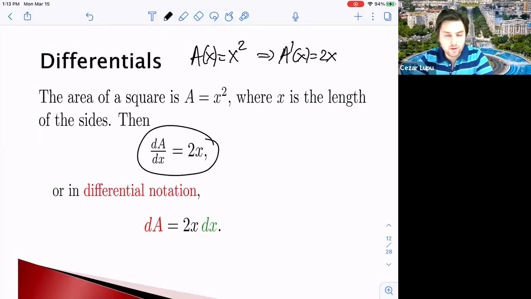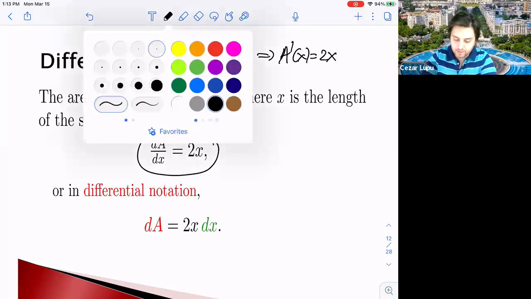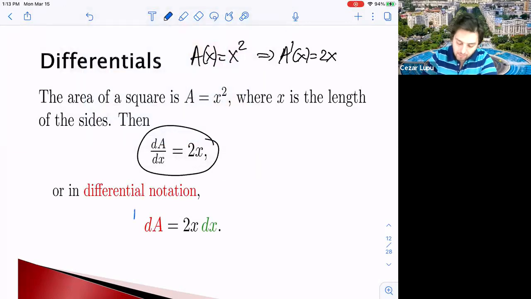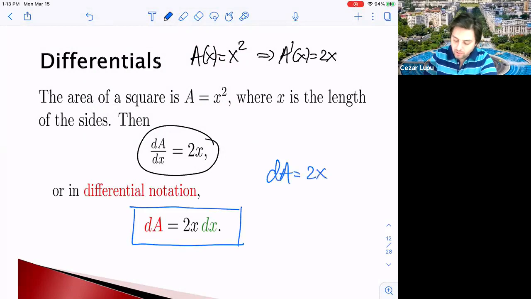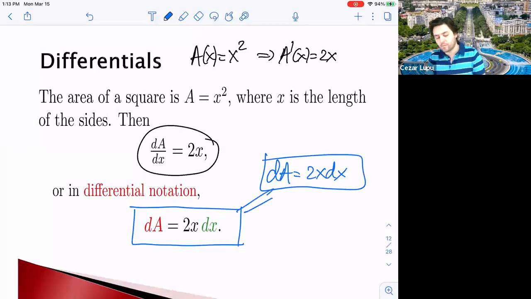Or in differential notation, look very carefully, you can write this as dA is 2x dx. This is important. So dA is 2x dx.